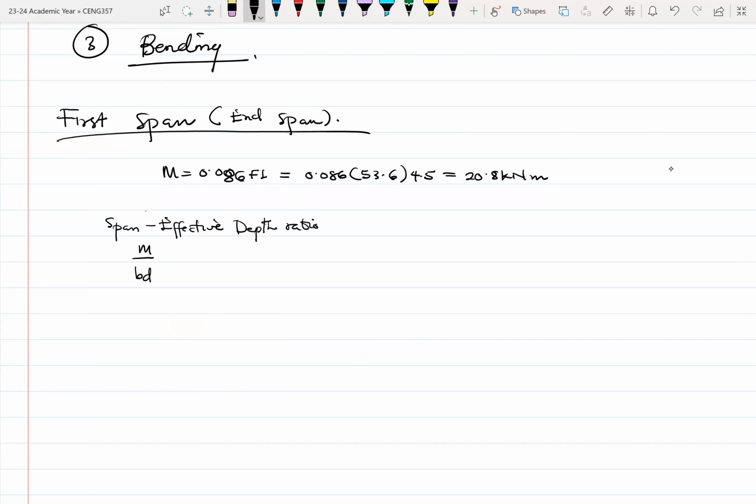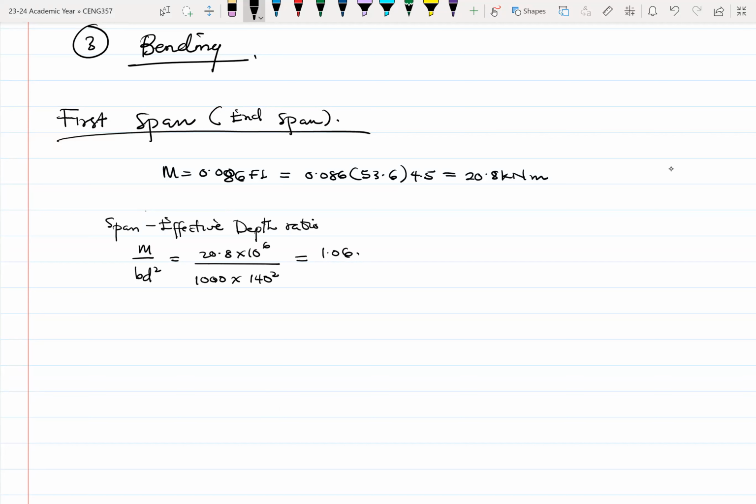So M over bd squared will be equal to 20.8 times 10 exponent 6 over our b, which is going to be 1,000, times the d, which we chose to be 140, squared, and all of this will be equal to 1.06. All right.